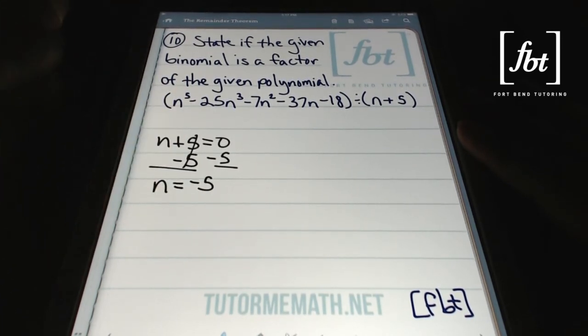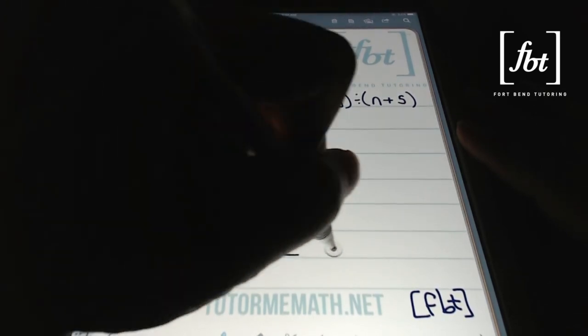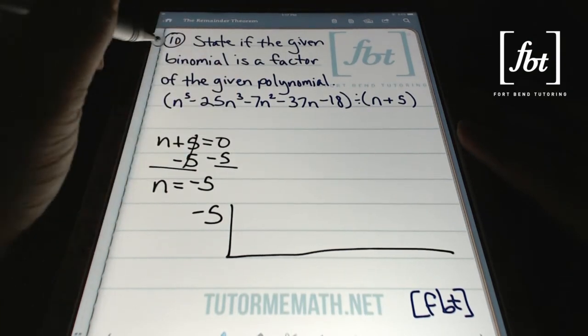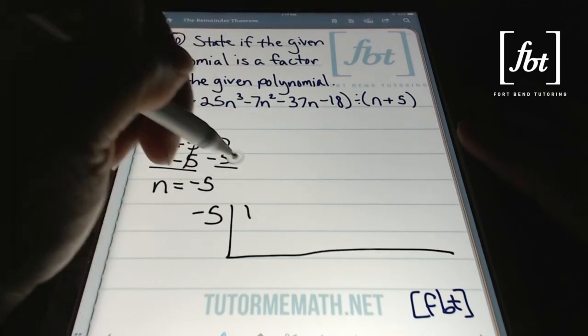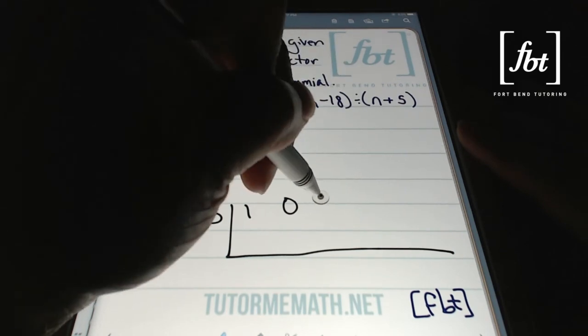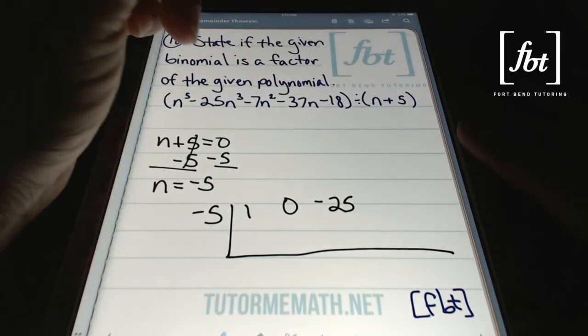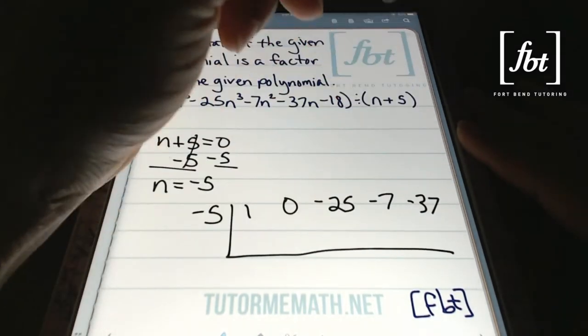Then from there, you're going to place this into your synthetic division. We'll have negative 5 on the exterior. Within this, we'll have all of the coefficients of the dividend. So that means we'll have 1, 0, because we don't have an n to the 4th power term, then negative 25, negative 7, negative 37, and negative 18.